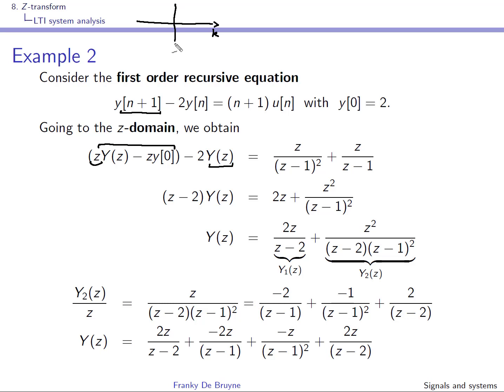So let's see if we can find this relation. So again, here I will draw an example. So this will be our signal y[k], just as an example.